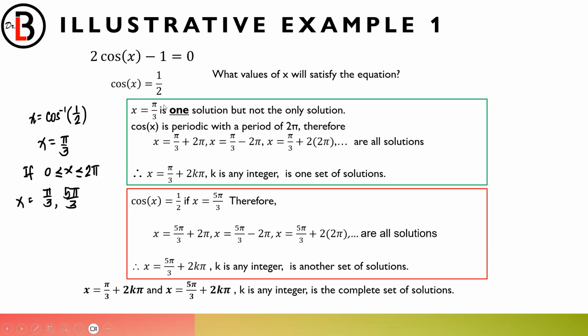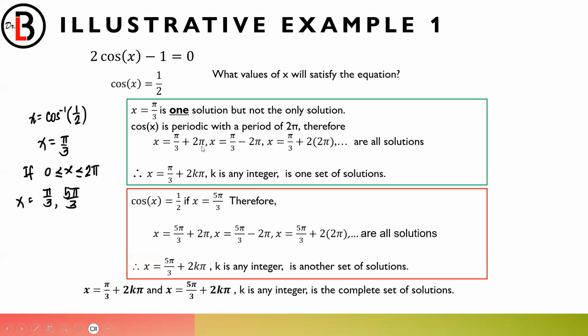But sometimes look at this, the ones in green. When x is equal to pi over 3, that is already one solution. However, you know that if you're not given any restrictions, like this one, I did not say that x should be from 0 up to 2 pi. You can say pi over 3 plus all of its coterminal angles. How do you solve for the coterminal angles?